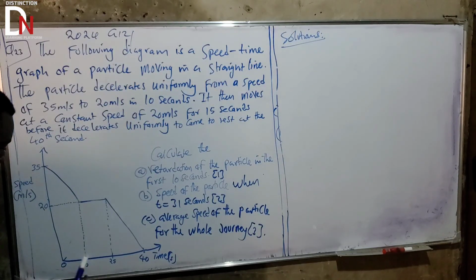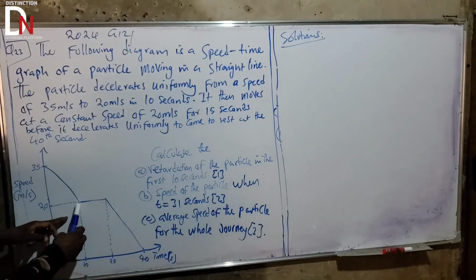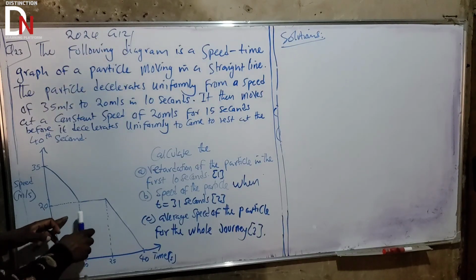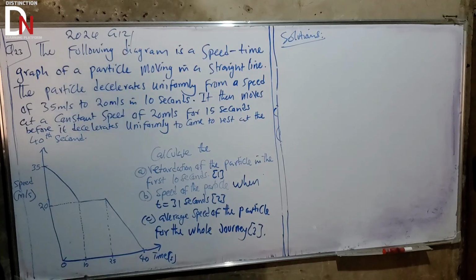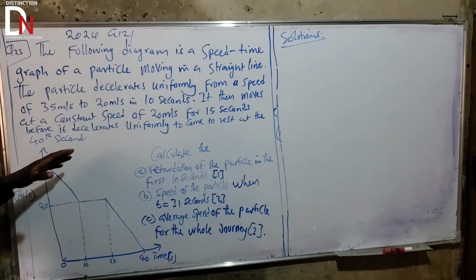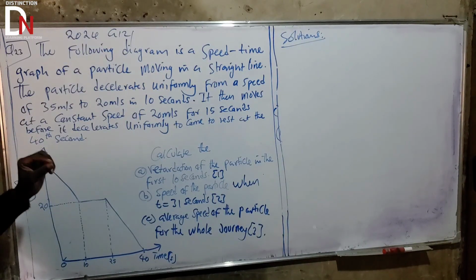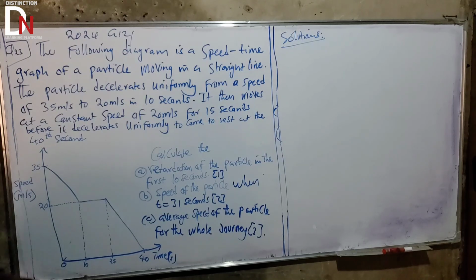So meaning from here up to there, when it was moving at a constant speed, it moved for another 15 seconds. That is basically 10 plus 15, that's why we had 25 there, before it decelerates uniformly to come to rest at the 40th second.